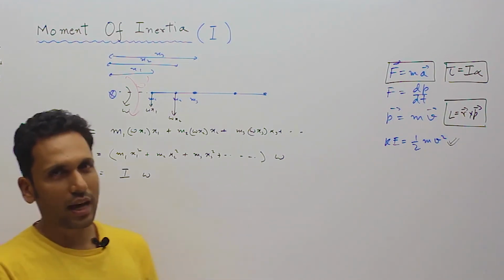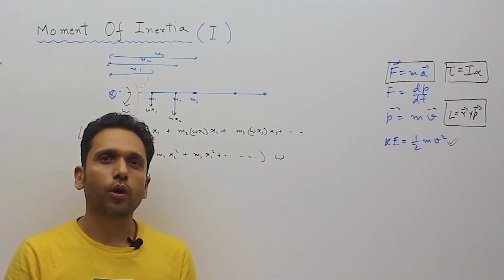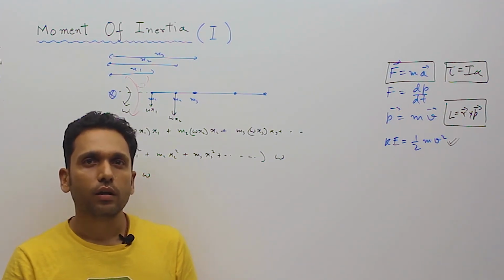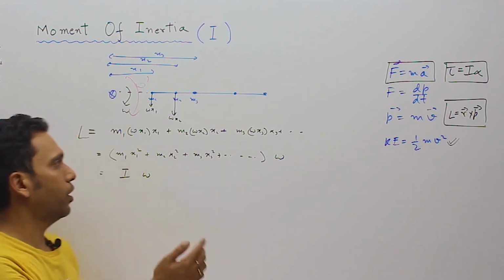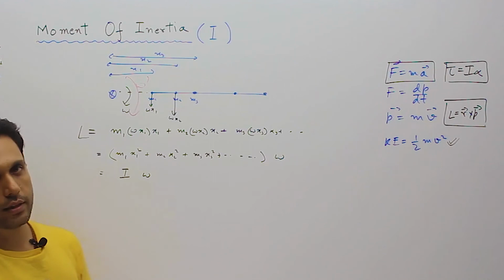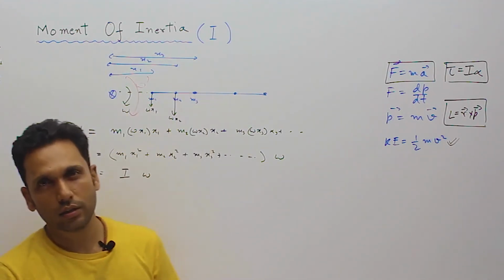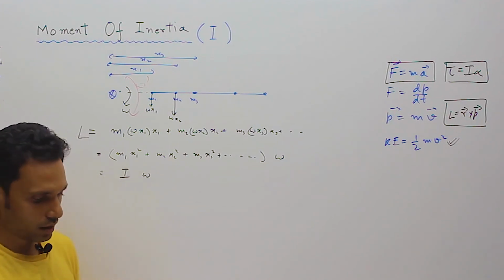So the point is, this I term is going to come again and again and again, and most of the bodies would be continuous bodies. It will not be point bodies beaded onto a massless scale. That is quite an imaginary situation, just to explain the scenario.